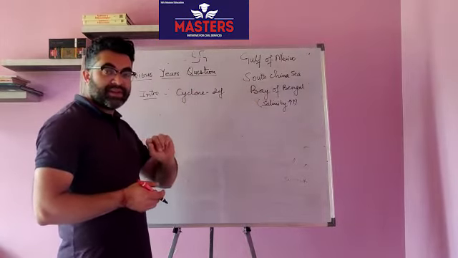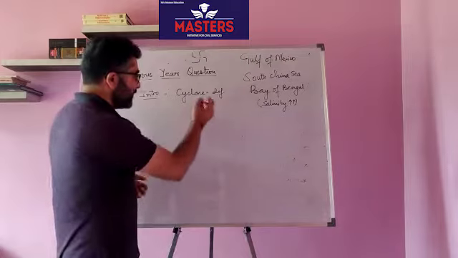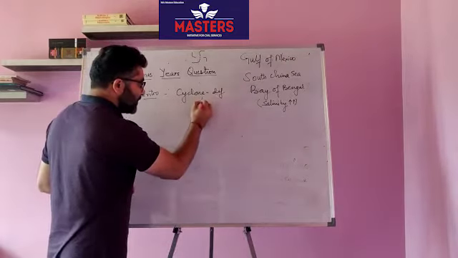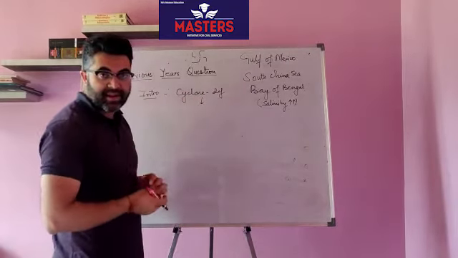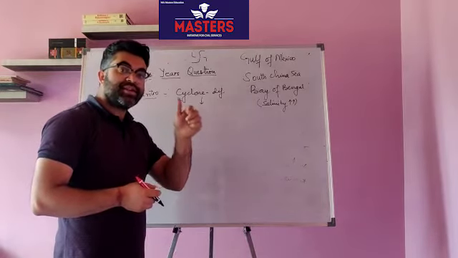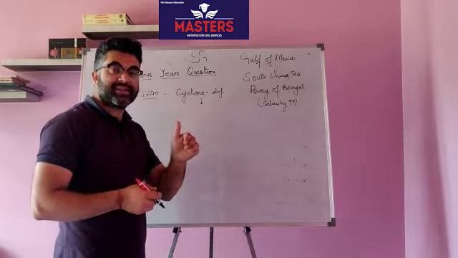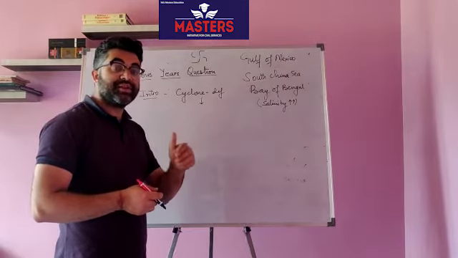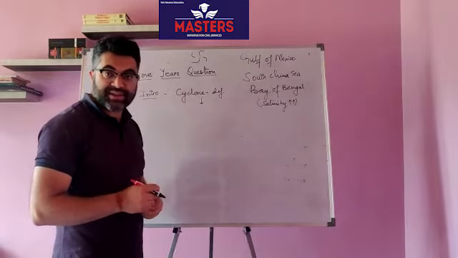Adding one more point to this: once you have written the definition in the introduction itself, in the same line, that cyclones are confined mostly to these tropical disturbances, or cyclones are confined mostly to the eastern part of the continents.